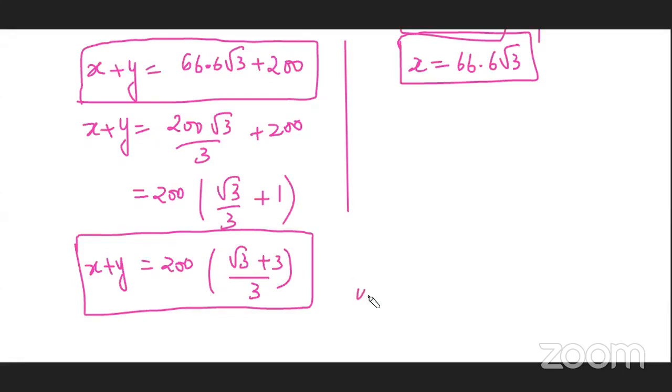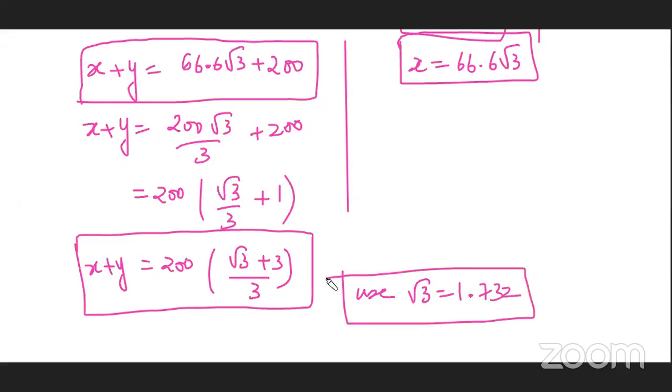If they say use root 3 equal to 1.732, then you have to put that value, multiply and show the answer. Am I clear? Yes, ma'am. Unless the question gives it, you will not use it. You leave the answer the way we have left it. Even if you give it like this, it's right.